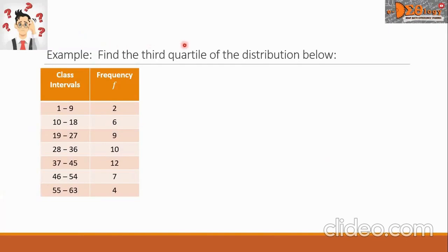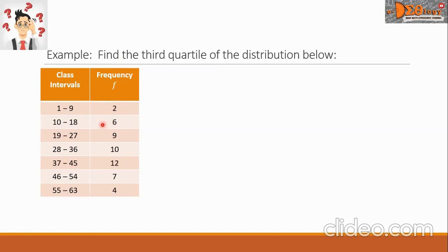Find the third quartile of the distribution below. In our distribution, we have 1, 2, 3, 4, 5, 6, 7 class intervals. This is the column for the frequency. There is a frequency of 2 for the class interval from 1 to 9.